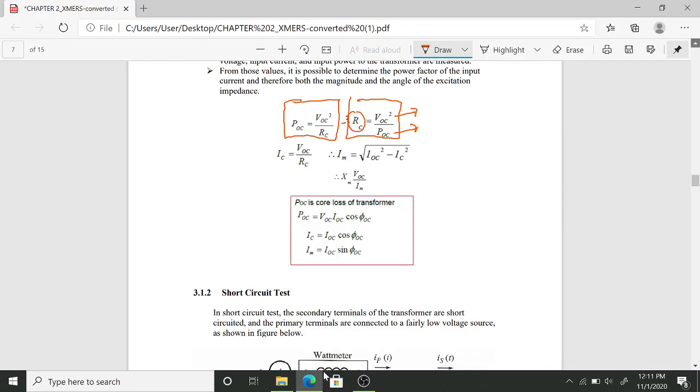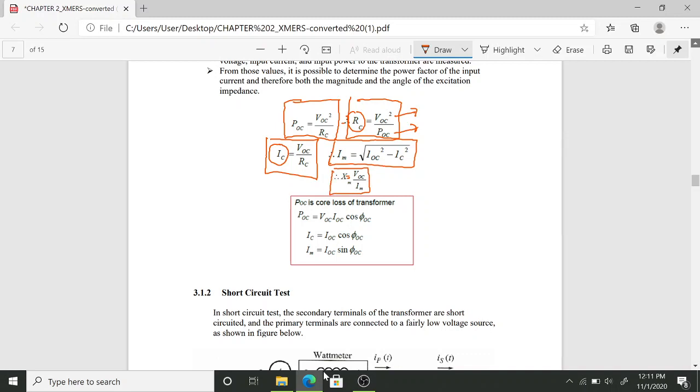Once you get RC, you can get IC: IC equals V open circuit divided by RC. If you need to find IM, IM equals this formula, and XM equals V open circuit divided by IM.